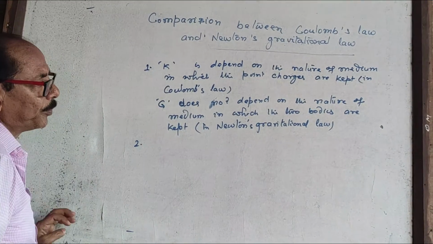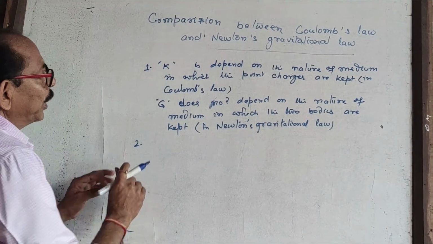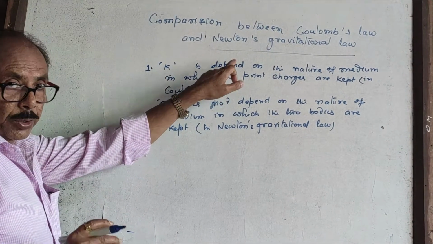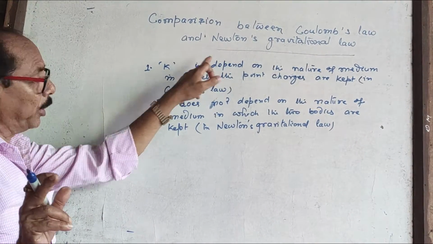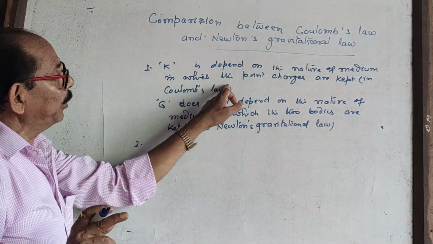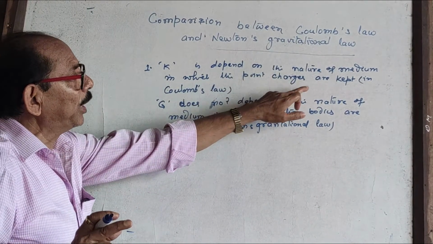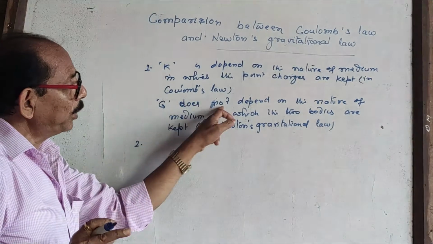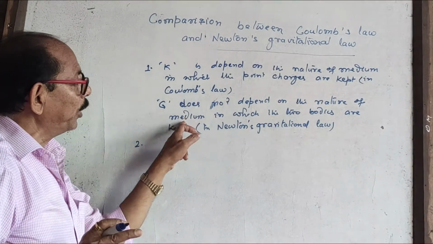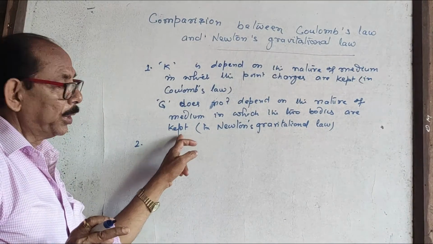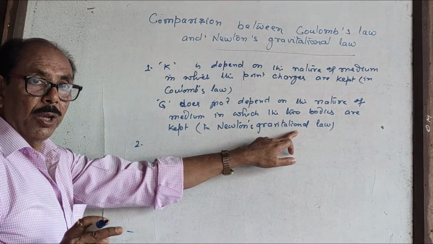Second, here first we say K, the proportionality constant in Coulomb's electrostatic force, depends on the nature of the medium in which the point charges are kept. G does not depend on the nature of the medium in which the two bodies are kept in Newton's gravitational law.